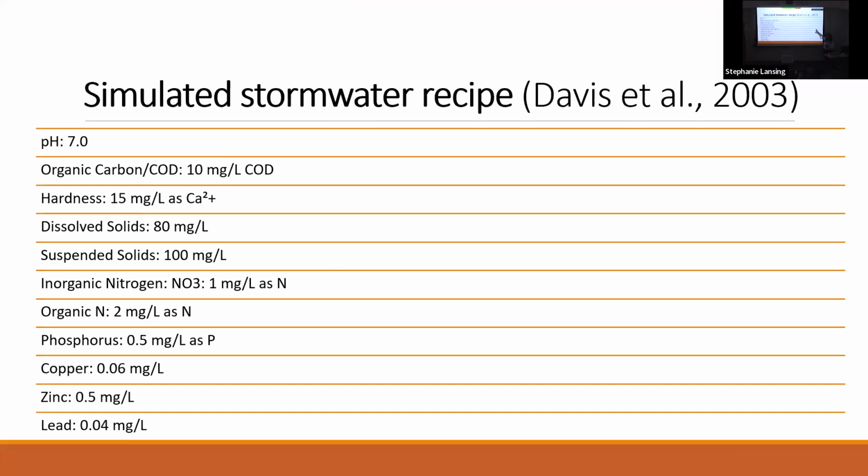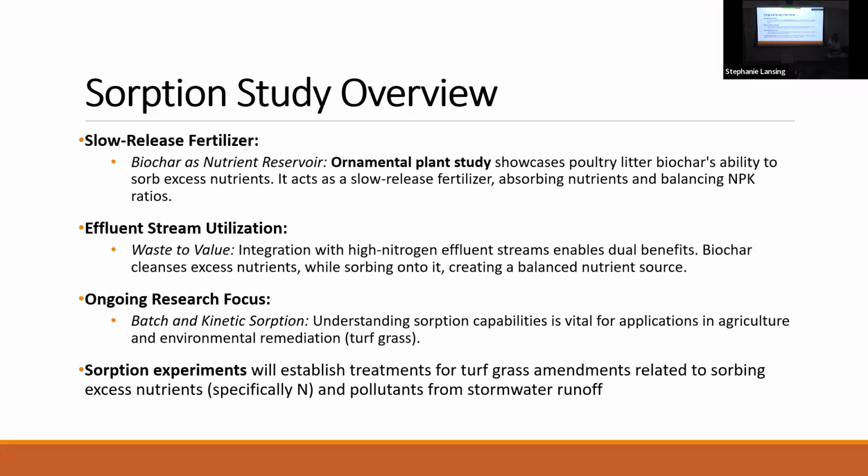This is looking at the profile of stormwater runoff that will be addressed within the absorption experiment. So this simulated stormwater recipe will be our main use model to understand pollutant removal of heavy metals typical to stormwater runoff in biochar-treated areas.